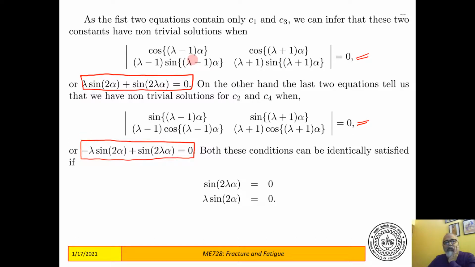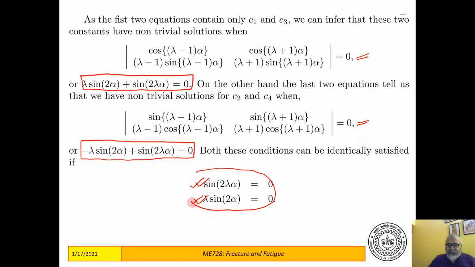Both equations look the same except for the signs, and now you can add them together, then this cancels out, and you will come to the conclusion that sine 2 lambda alpha is equal to 0. If you subtract them, this cancels out, and you will come to the conclusion that lambda sine 2 alpha is equal to 0. Remember, these are for the wedge.